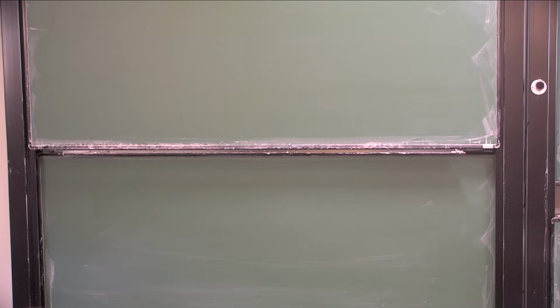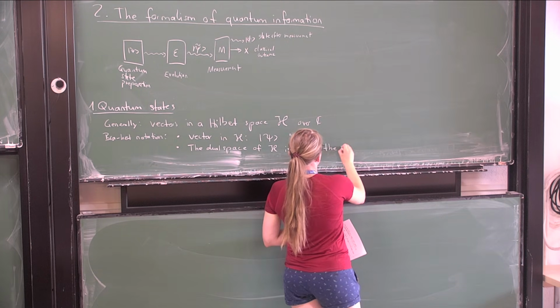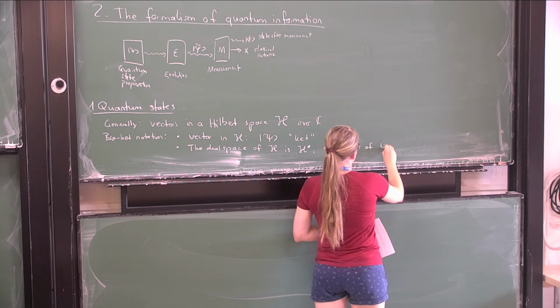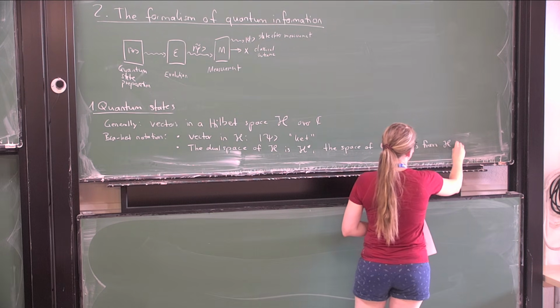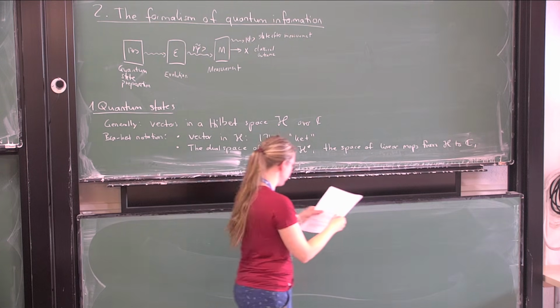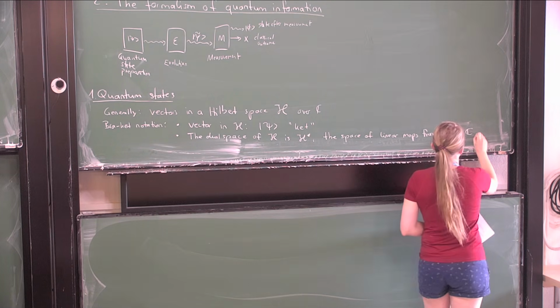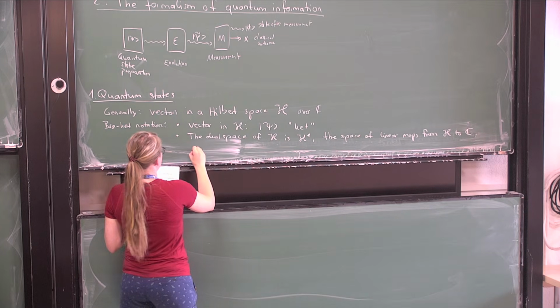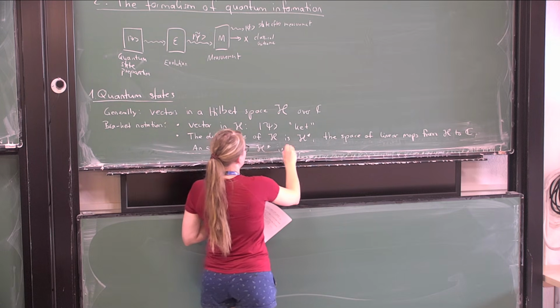So the dual space of H is H star, which is the space of linear maps from H to its base field, C. And an element of that is denoted like this.